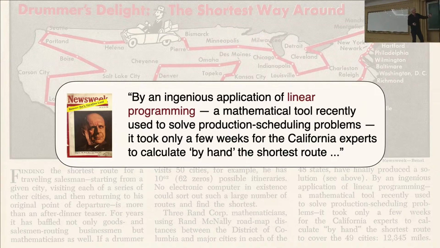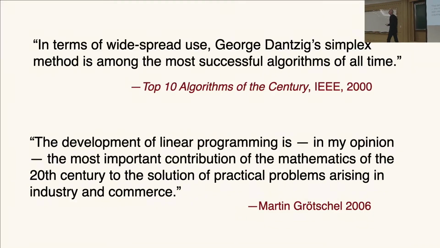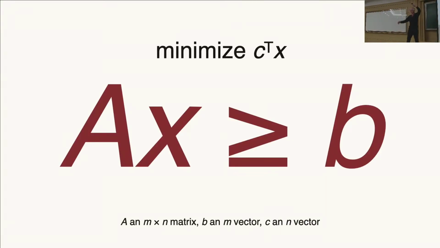And the magazine article about it was spot on. The California experts used linear programming to solve the TSP, and that's the tool. Linear programming was invented by Dantzig, so this is now 1954. Dantzig invented this around 1945, together with the simplex algorithm. The model is very simple: you're optimizing a linear function subject to linear inequality constraints.